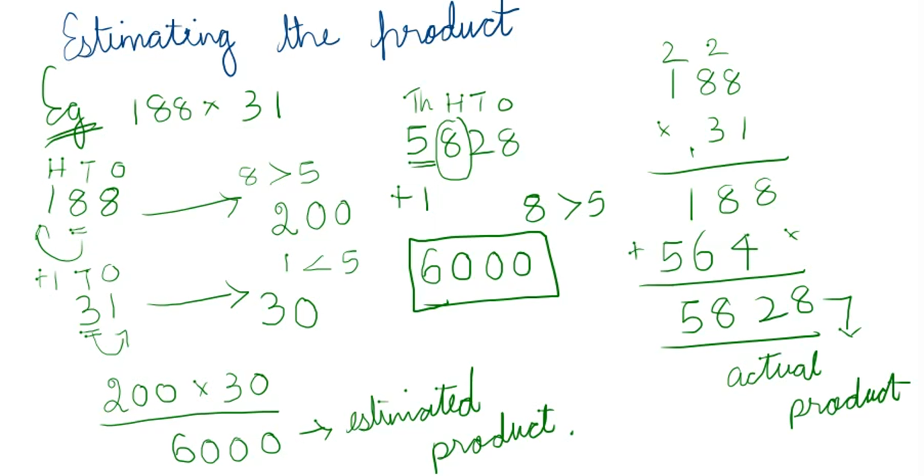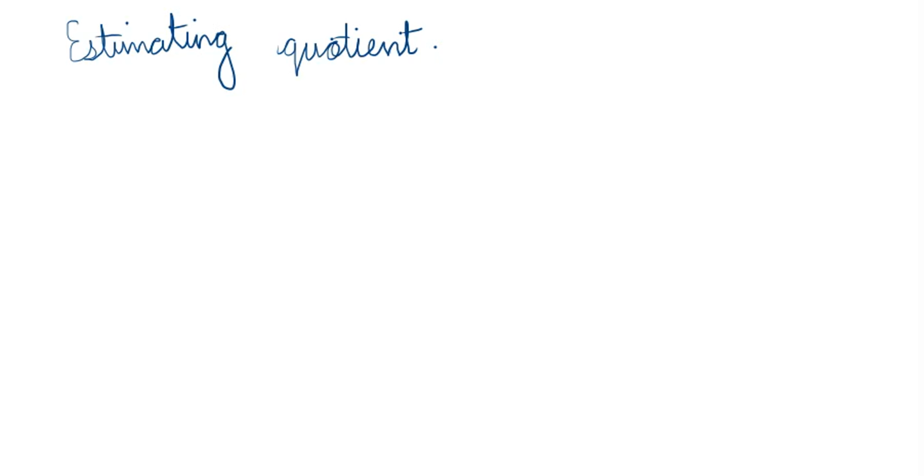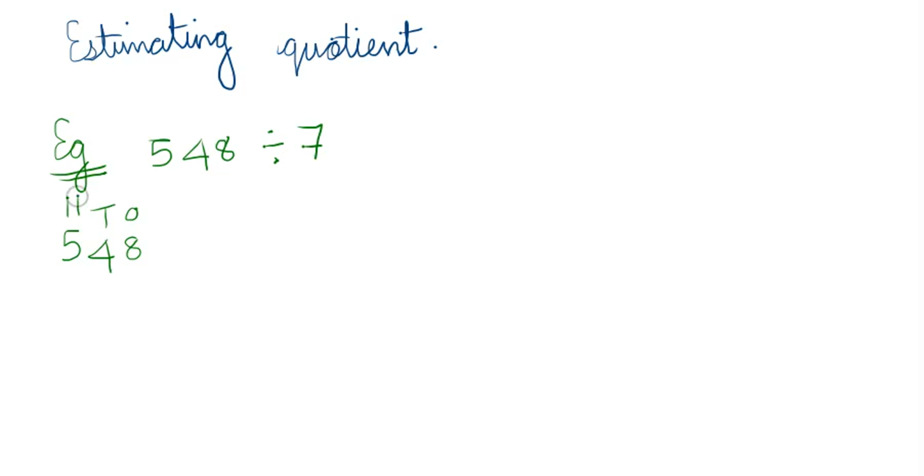So finally, the last topic for discussion in this video is estimating quotient. So again, I'll take another example of 548 divided by 7. 548 is a 3-digit number where my highest place value is 100.